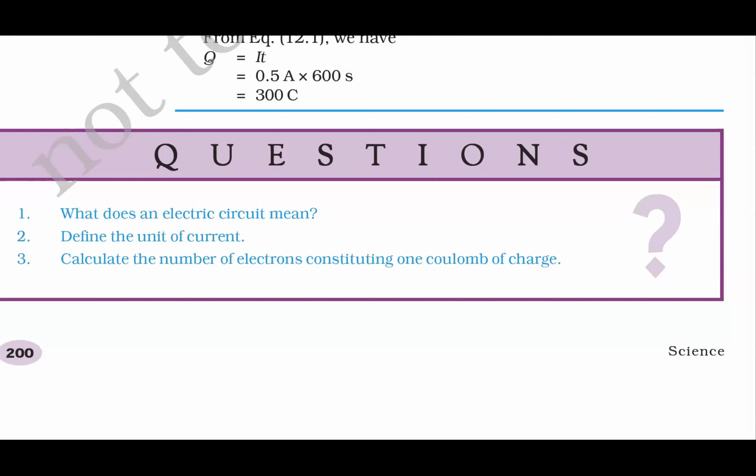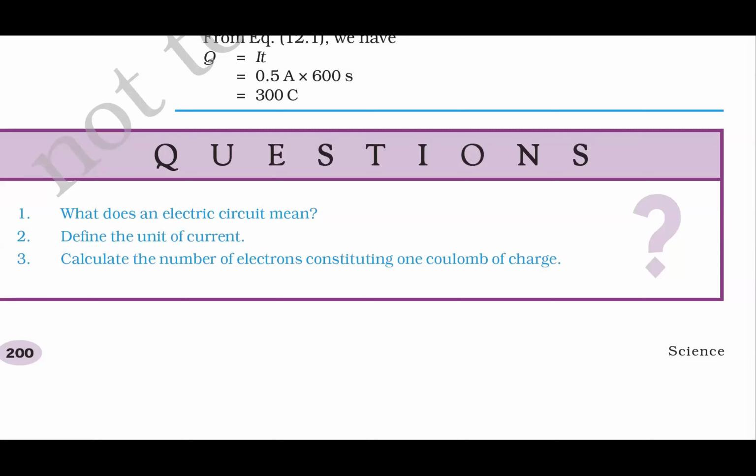So how do we define 1 ampere current? 1 ampere current is equal to 1 coulomb upon 1 second. When charge of 1 coulomb flows for 1 second, then it is defined as 1 ampere current.